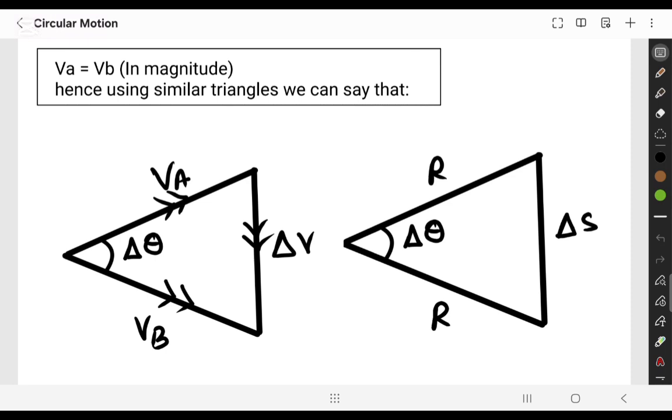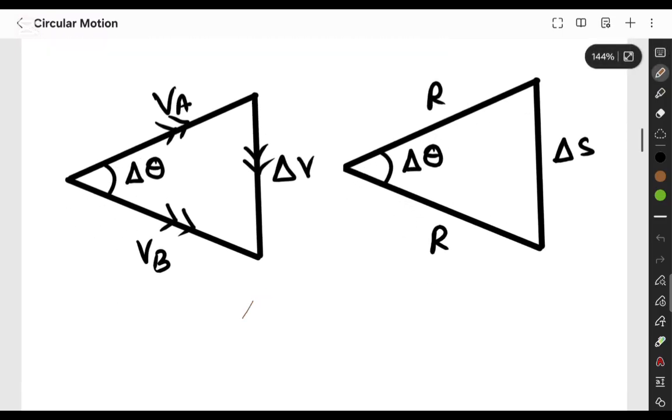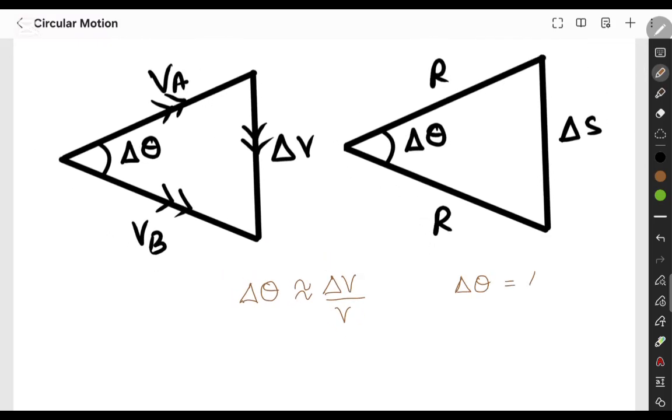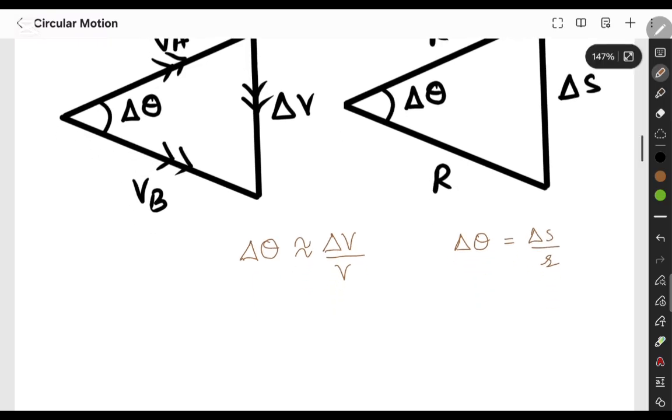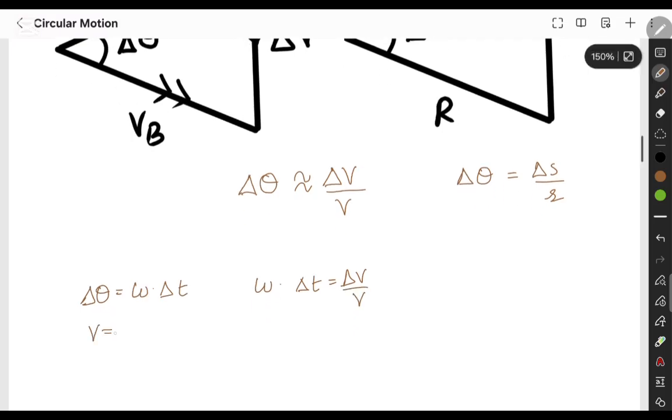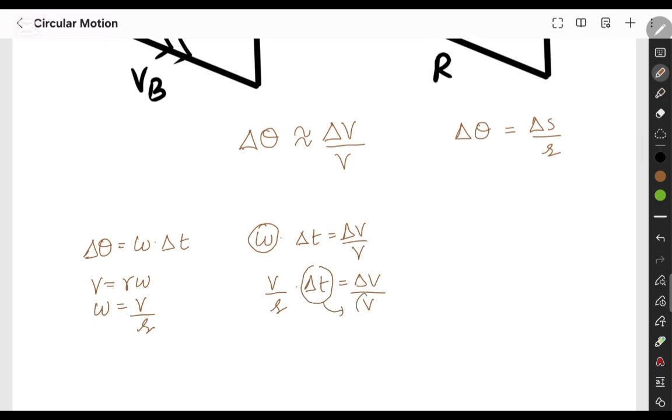After drawing these two triangles and saying that VA is equal to VB, we can use similar triangles to say that delta theta is approximately equal to delta V over V. The reason I can say that is because delta theta is equal to delta S over R. Now from here we know delta theta will be equal to omega times delta T. So I can say omega times delta T is equal to delta V over V. And we know V is equal to R omega, and omega hence is equal to V over R. So I can write V over R times delta T is equal to delta V over V. Then I can take the time to the other side and this velocity to the other side.